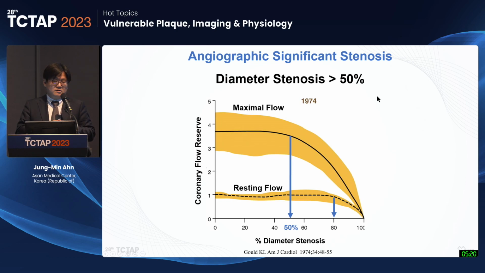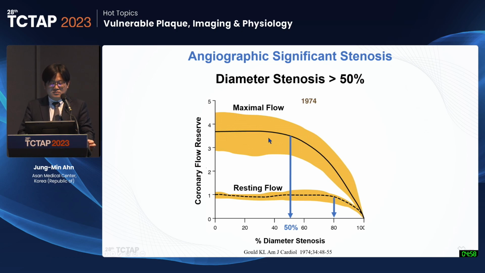What is the origin of the concept of significant angiographic stenosis, more than 50%? It is from Dr. Gould's animal study. I tried to find another study to support that 50% diameter stenosis is significant, but I cannot find it.